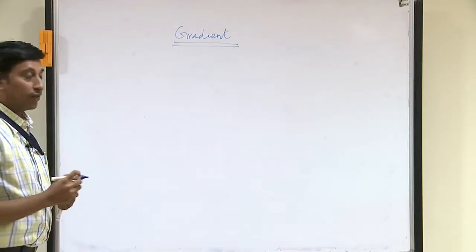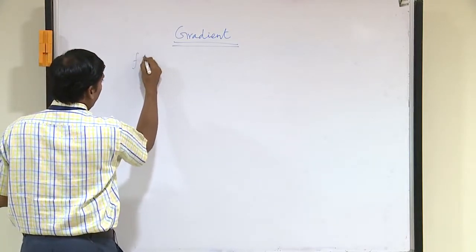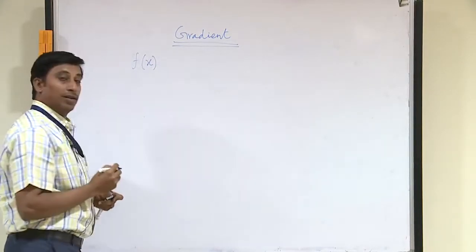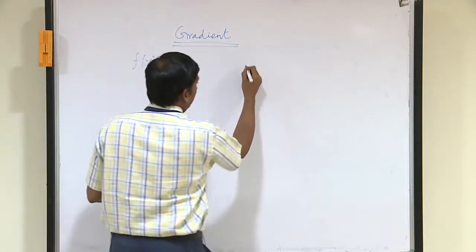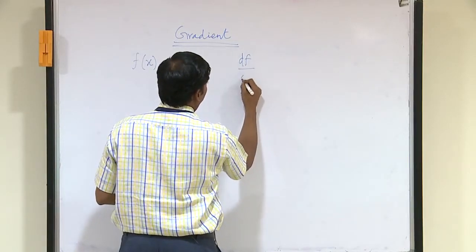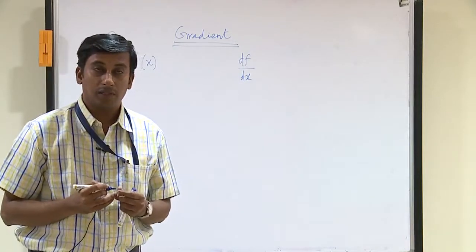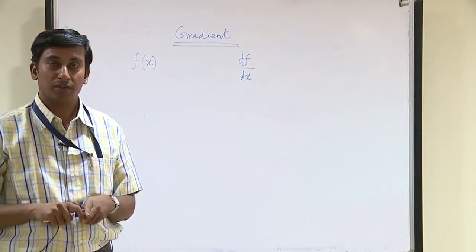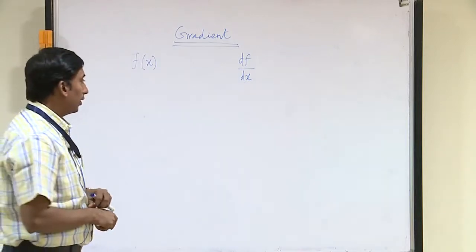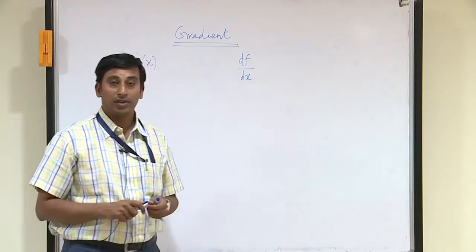Suppose one has a function f of a single variable x, then what does df by dx signify?